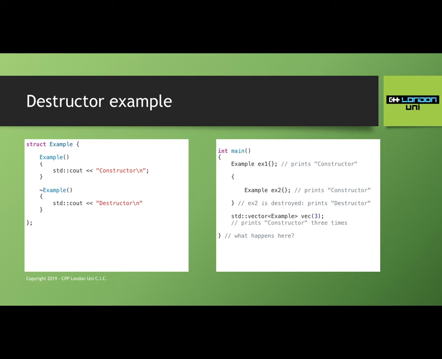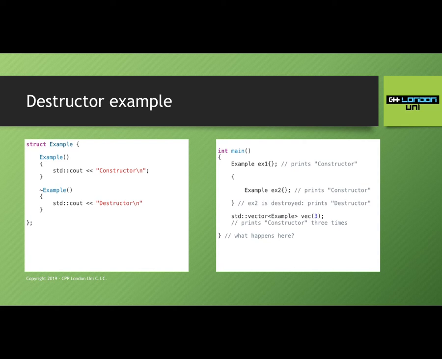Yes. Because at the moment that we leave the function, we have 2 objects alive, vec and ex1. ex2 has already been destroyed, that doesn't count anymore. The compiler is going to destroy vec, and the vector destructor, in turn, is going to destroy its contents, each of the 3 example objects inside it.